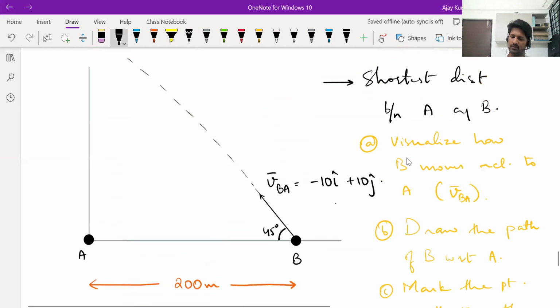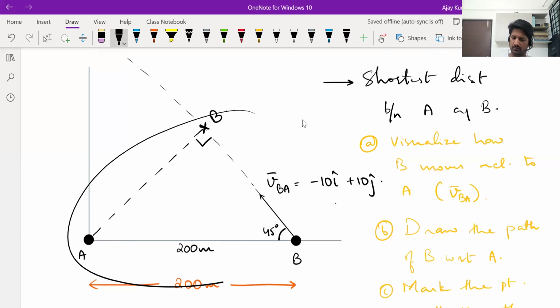So coming back to this question, you know how B is going to move as seen by A. We want to identify the position where B is nearest to A. Then what you should do is drop a perpendicular from A onto the straight line path followed by B. This is the position where B is nearest to A. Now we know this side of the triangle is 200 meters.